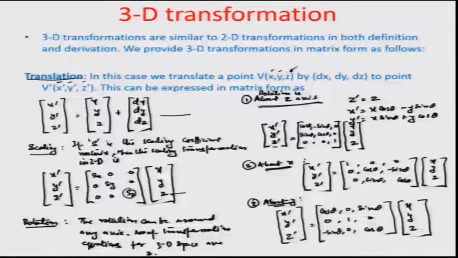And so, we can try converting this translation mathematics into something which would rhyme with what you have for the rotation as well as the scaling matrices, of one transformation matrix and a vector matrix multiplied together to formulate the final matrix.